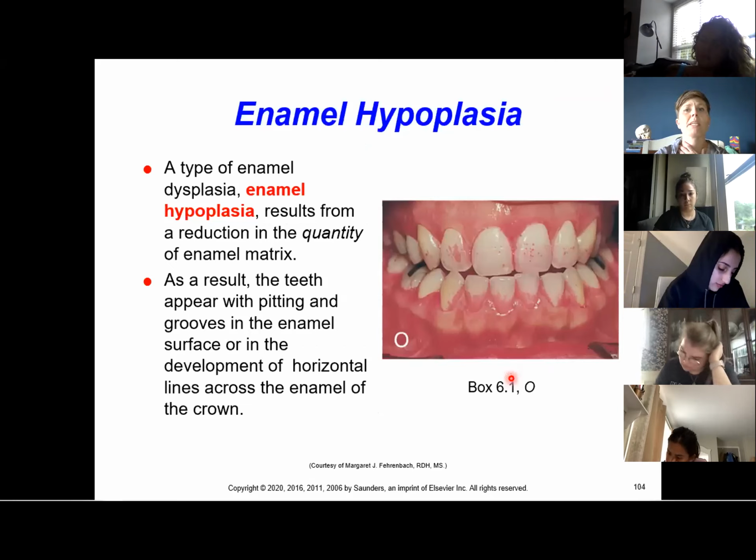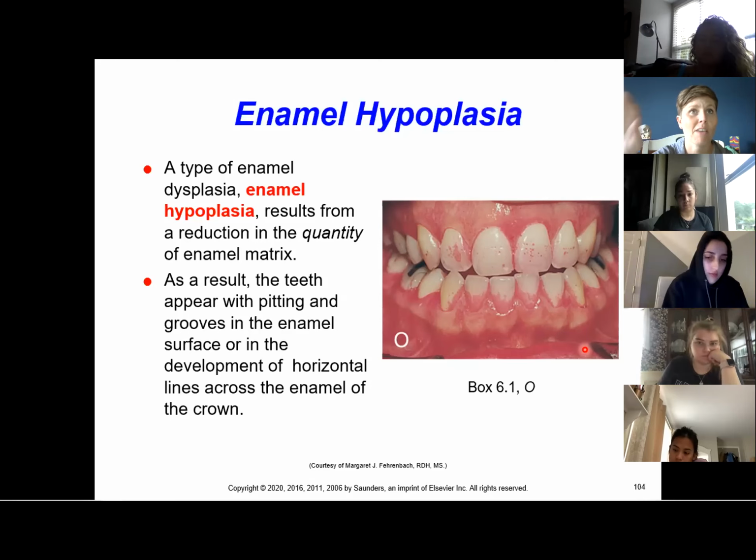You have enamel hypoplasia, and it does not turn your teeth red. This is tooth dye, like when you're checking your plaque levels. What it's here to show you is that you might not be able to see it without the red, because enamel hypoplasia causes pitting or grooves in the enamel.